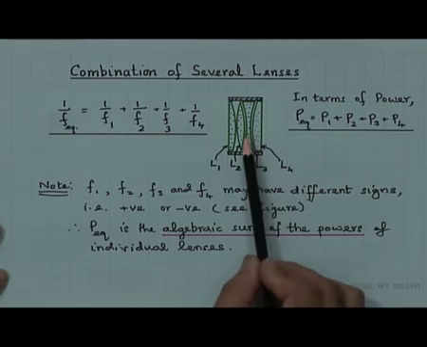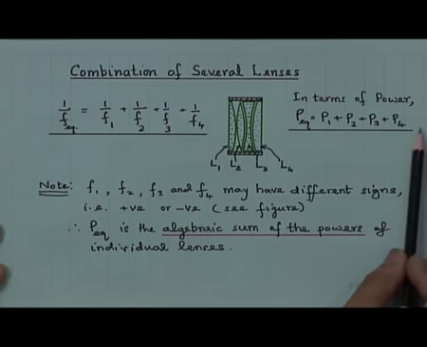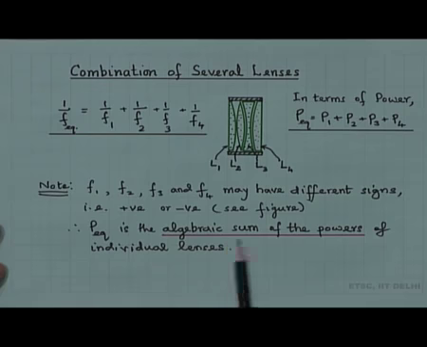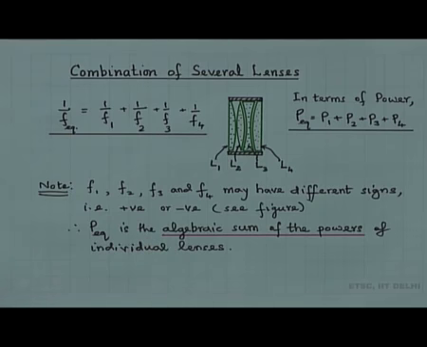But note that some of them are concave and some of them are convex, which means some of the powers are negative, and therefore, it is an algebraic sum of the powers of individual lenses. So, the power of a combination of lenses is equal to the algebraic sum of the powers of individual lenses.